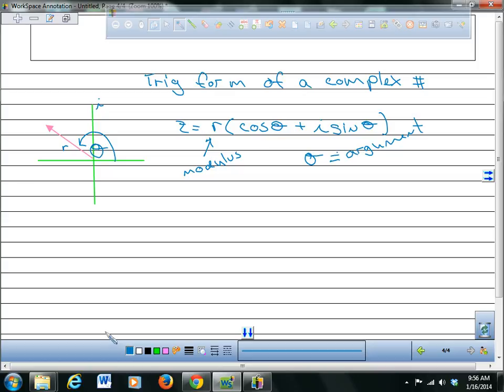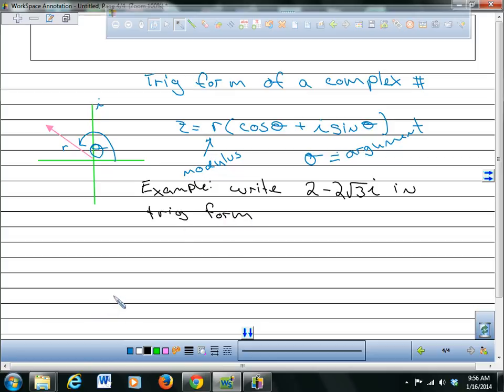Easy so far? So now we're going to do an example. For example, write 2 minus 2 root of 3i in trigonometric form.